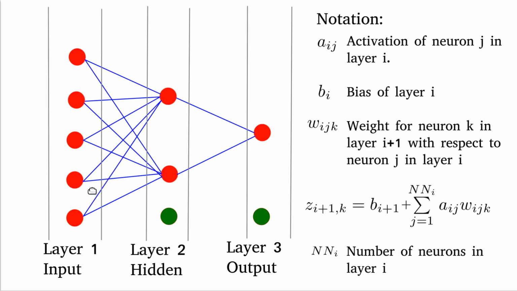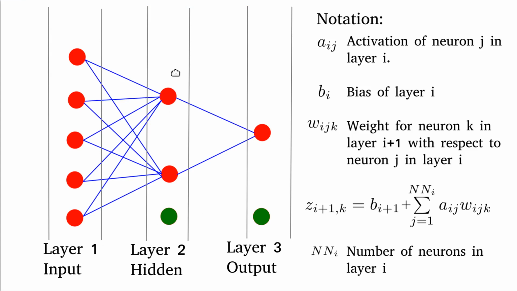Here I'm denoting the layers, so I have 3 layers here. I have layer 1, layer 2, layer 3: input, hidden, output. Here's a little bit of notation before I get into some equations. Each neuron has a value, also called an activation, and I use the subscript ij to denote the activation of neuron j in layer i.